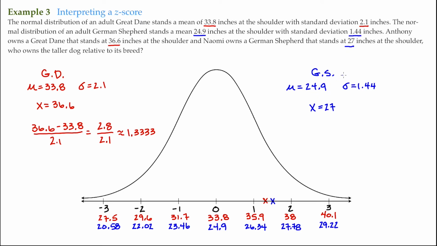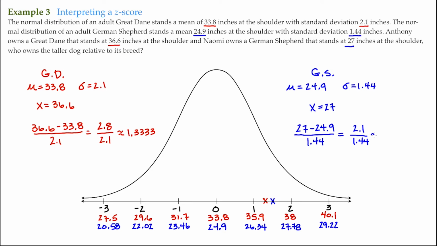So we'll find the z-score for the German Shepherd. That's going to be 27 minus the 24.9, which is 2.1. Of course, we have to include our standard deviation. That's 1.44. And we know that they're both above the average.